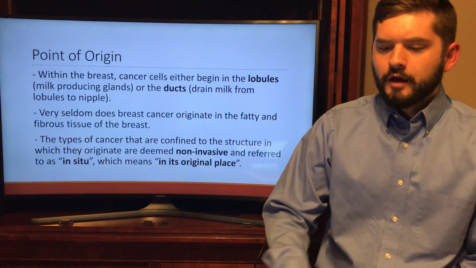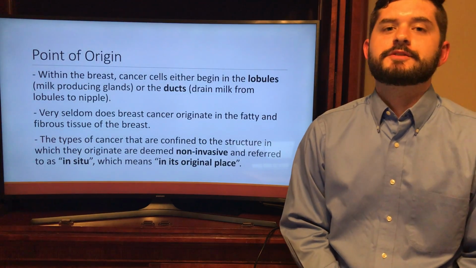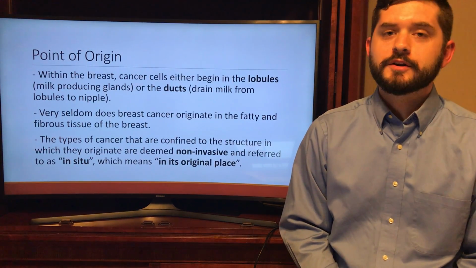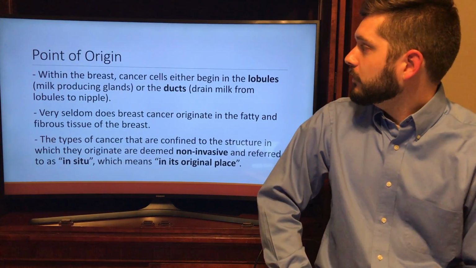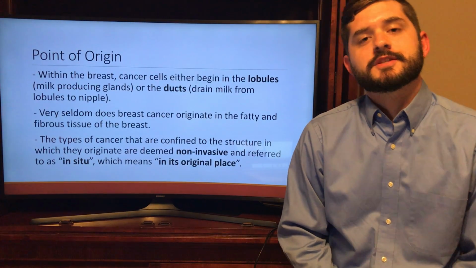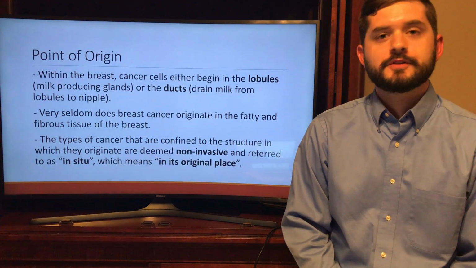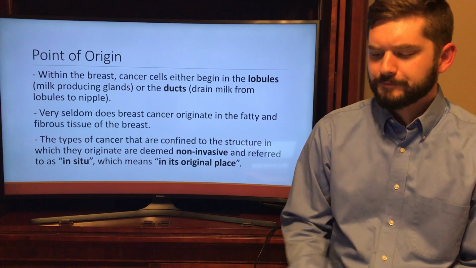Now, when we talk about breast cancer, it's also important to think about the point of origin. Where does the cancer originate in the breast? Well, the milk-producing glands and the passages that carry the milk to the nipple for discharge are the two typical points of origin for breast cancer.